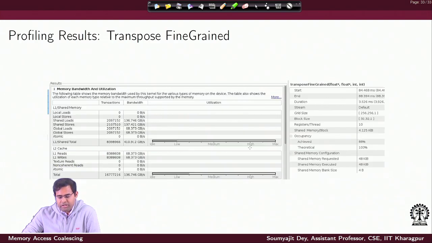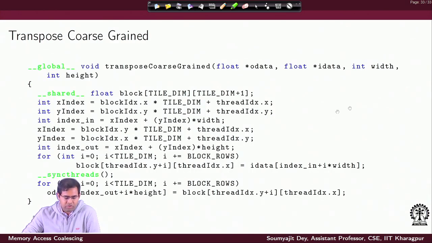So, for fine grained transpose we have an execution time as given here, and then for the coarse grained transpose as we discussed. As you can see, I computed the index in first, that is how to read, and then I flip the block locations using the original segment of code I showed, and I use this flipped block location to compute the index out, where to write, and then I do a normal read write.